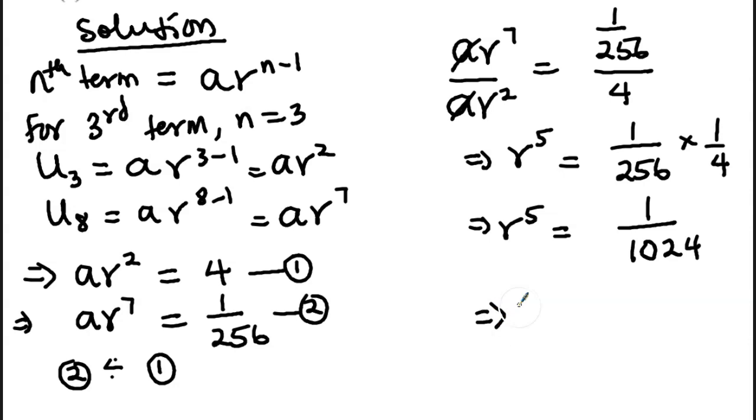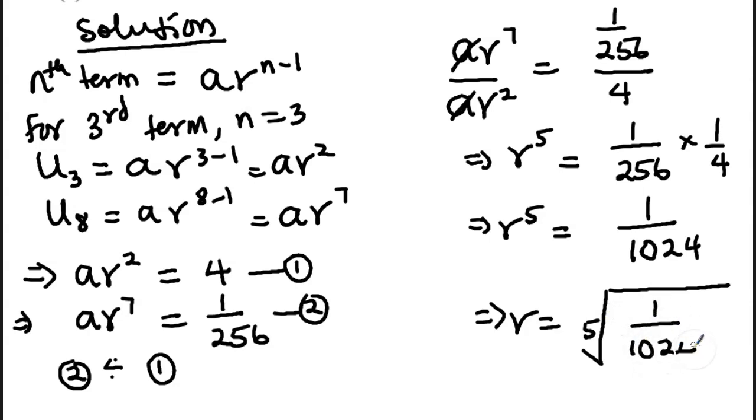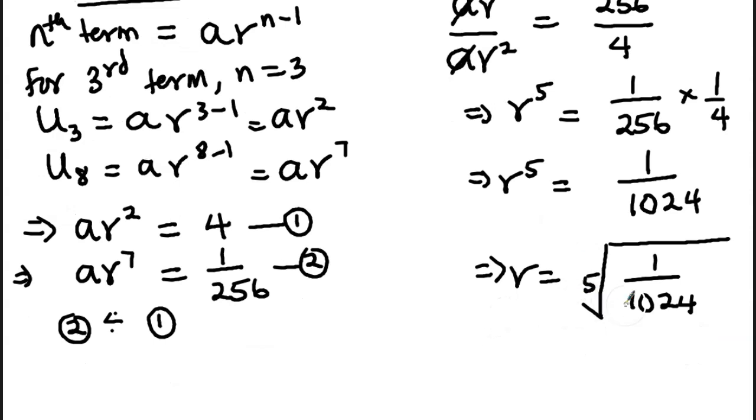We want to find R, so we can take the fifth root on both sides. R will be equal to the fifth root of 1/1024. You can use your calculator to compute this, and you will not be penalized. So R is equal to 1/4.